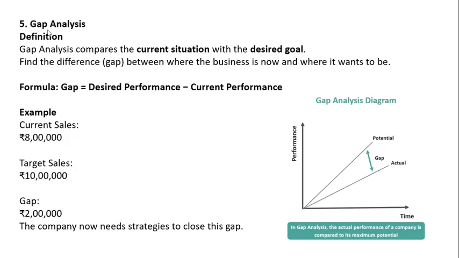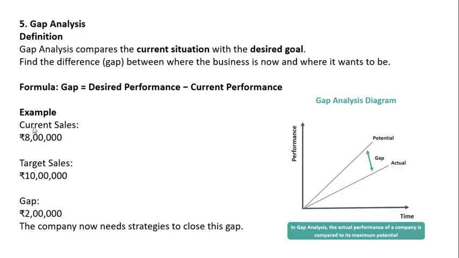Fifth is gap analysis. Gap analysis compares the current situation with desired goals, and finds the gap between where a business is now and where it wants to be. The formula: gap equals desired performance minus current performance.